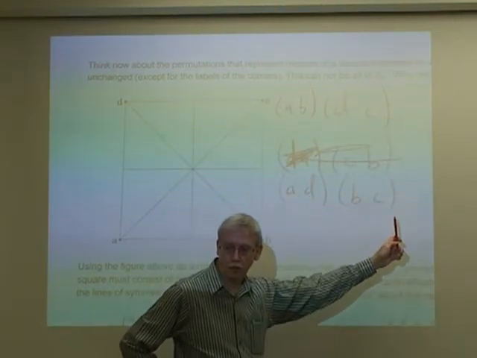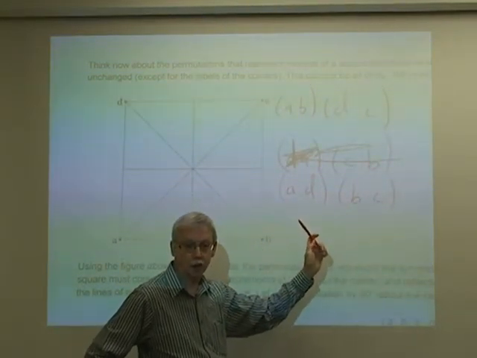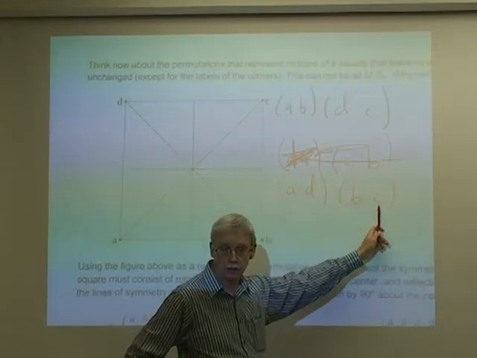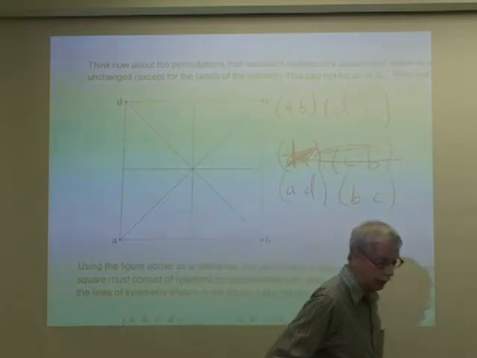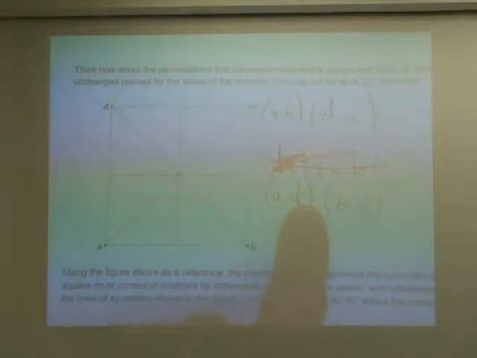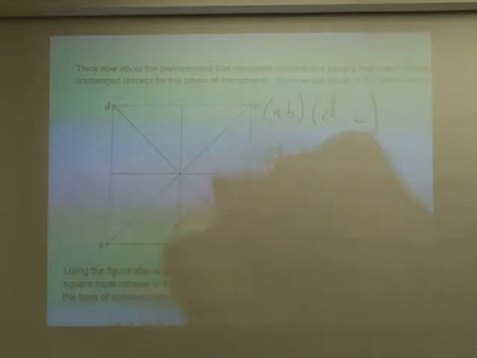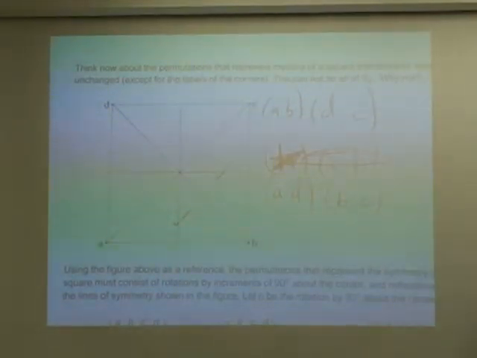You should really think about it just as a concatenation of operations, always starting on the right. Well, because the cycles are disjoint, we can always think about it. So what else do we have? I've already taken care of this one and that one. What would be the flip about this diagonal?